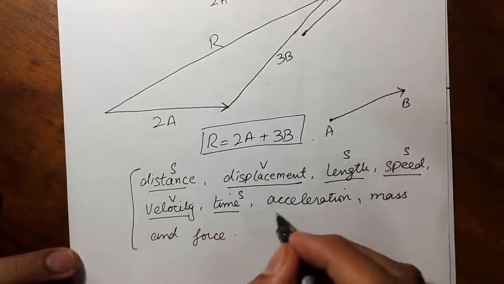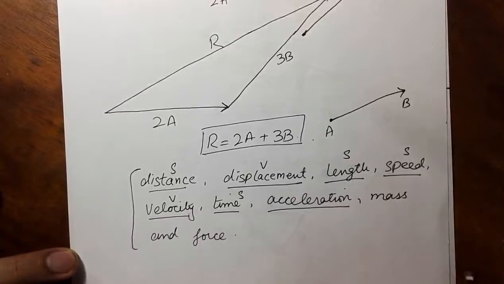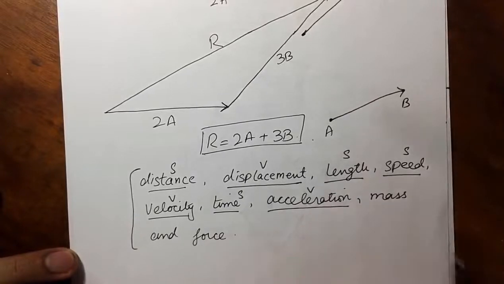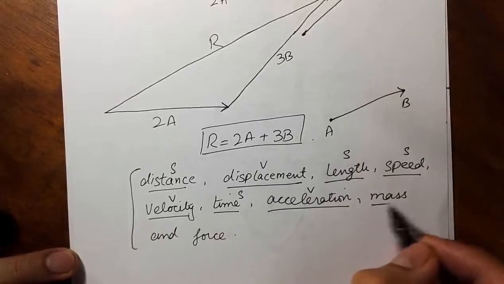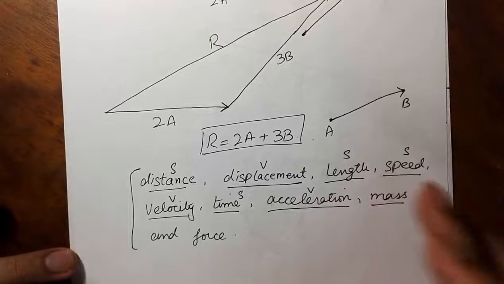Acceleration. Acceleration has direction as well as magnitude. So acceleration is also a vector quantity. Mass has a magnitude, some particular magnitude, but no direction.